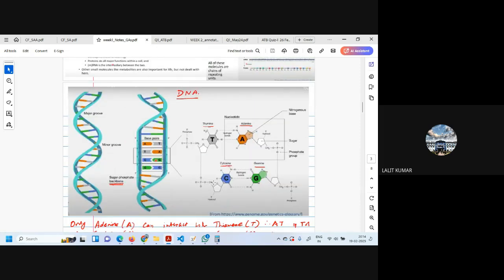The second part is that we have these nucleotides: thymine, adenine, cytosine, and guanine. These are the nucleotides, so we have four types. We call them A, G, C, T, and only thymine can react with adenine, so A-T, and cytosine pairs with guanine, so C-G.